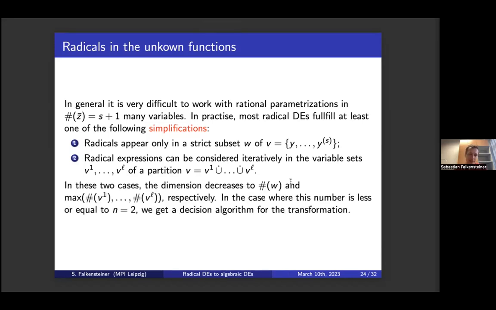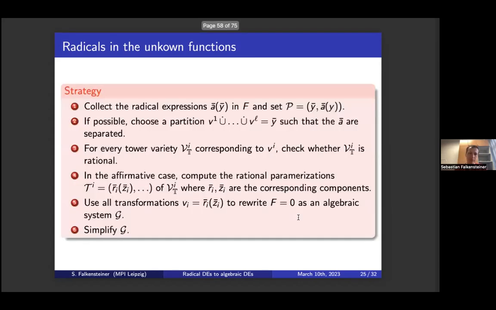Okay, and in these two particular cases, if this appears, then we can move to a lower dimension, namely just to the maximum of the dimensions of the partitions, or the dimension of the subset. And besides this, it's very similar to before.